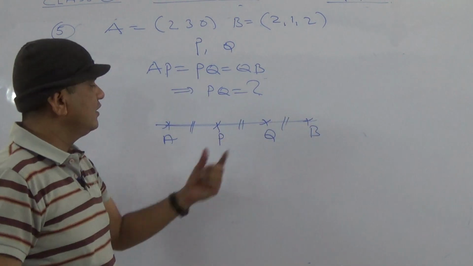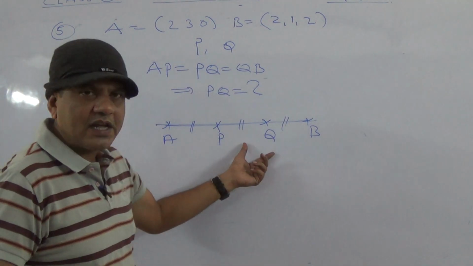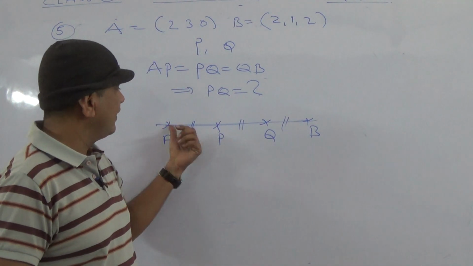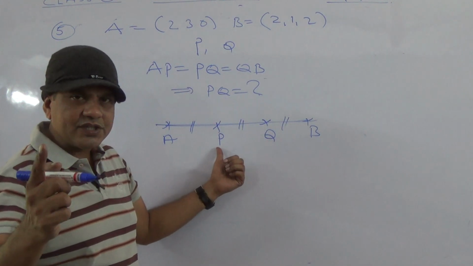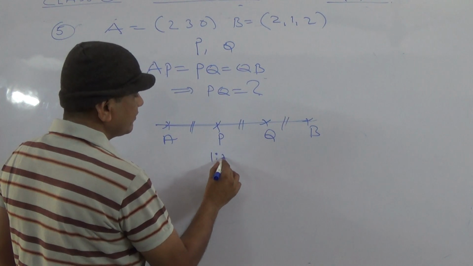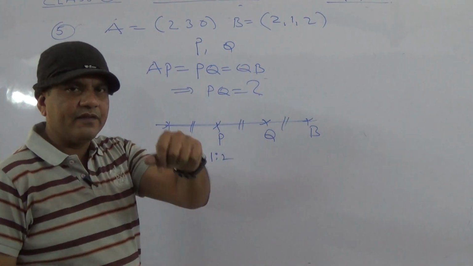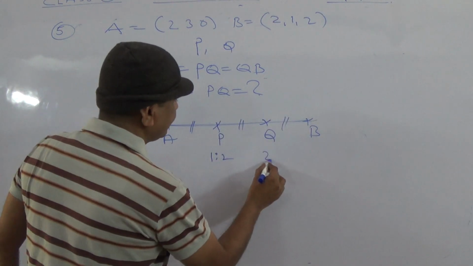Already we know that these 2 points are called points of trisection. Points of trisection are nothing but 2 points which divide a given line segment into 3 equal parts. P is called the first point of trisection, which divides the line segment AB in the ratio 1:2. Here Q is called the second point of trisection. This point divides the line segment AB in the ratio 2:1.